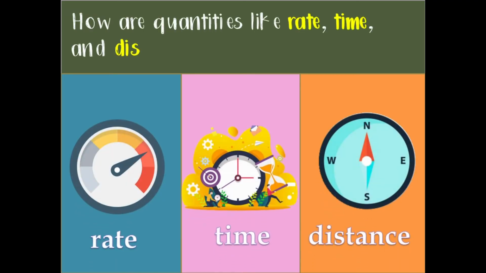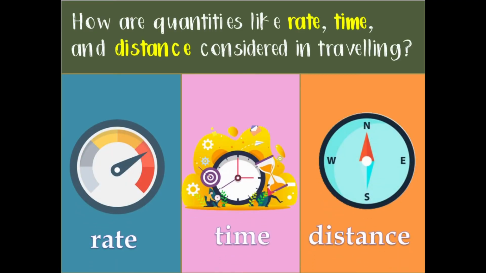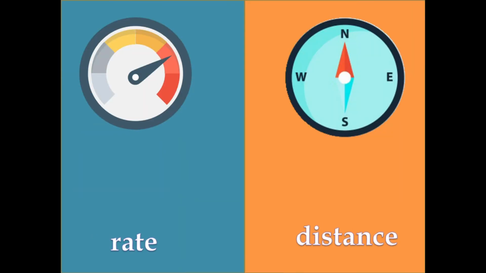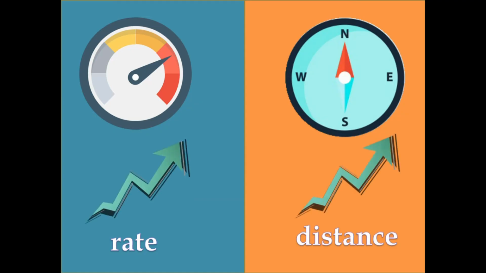Second question. How are quantities like rate, time, and distance considered in traveling? Looking back at Helen and Joanna, if the rate or the pace at which they were walking increases, then the distance they will cover will also increase.